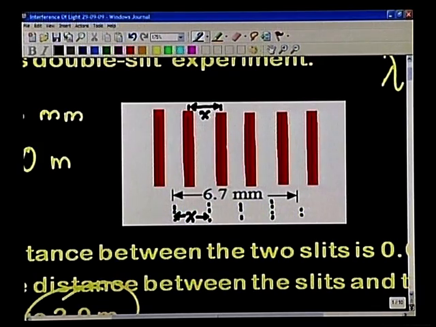Or, if you do not want to use that, you can also take the other distance, which is from the center to the center of the dark fringe. Let's consider it as the dark fringe. So, this is also x.